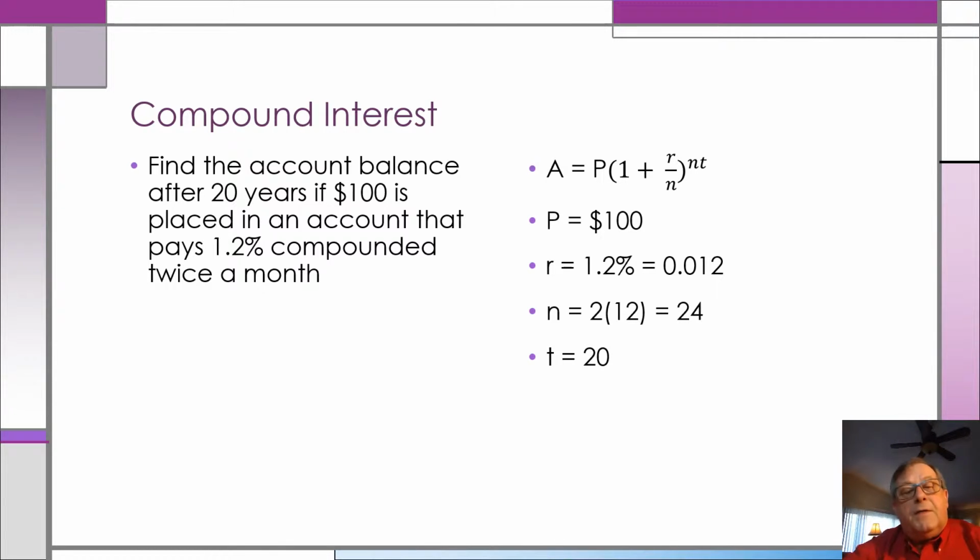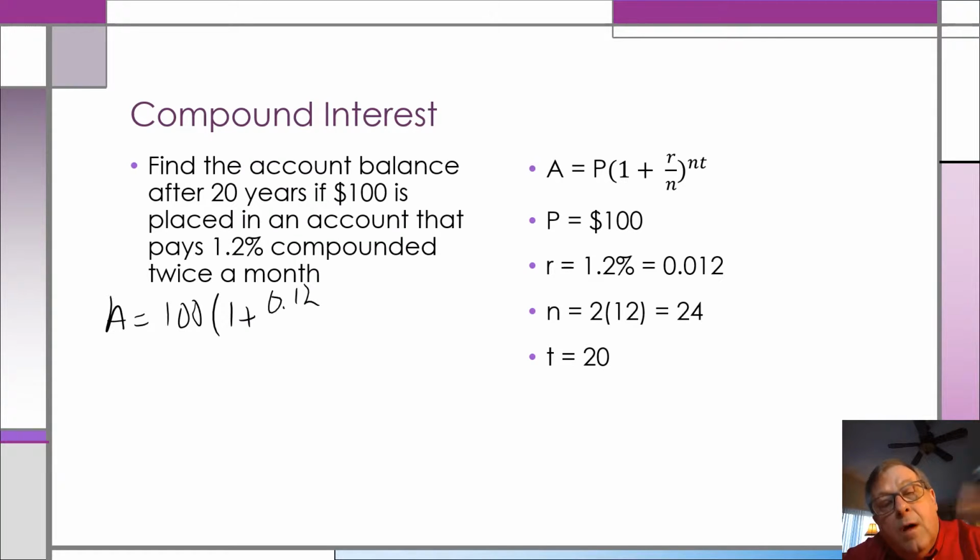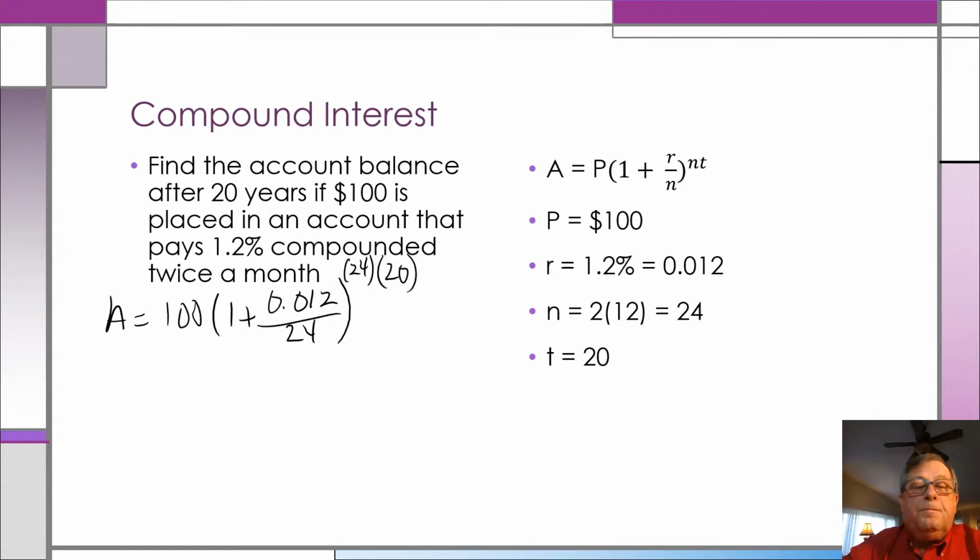Well, now we're ready to solve this. So let's fill this out. We've got A equals P, $100, times 1 plus our rate of return, 0.012 divided by 24, and all of that is going to be raised to the power of 24 times time, 20 years.